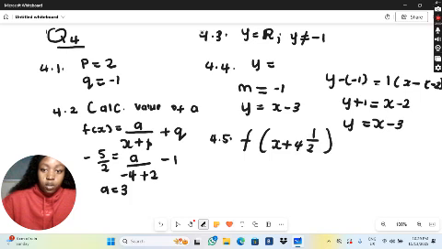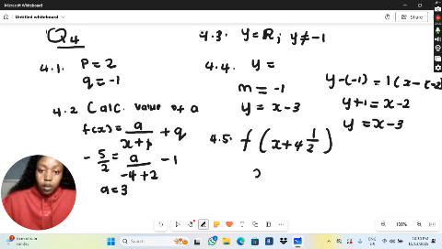So we find that it moves 4 times 1 over 2, it moves 4 1 over 2 units to the left.